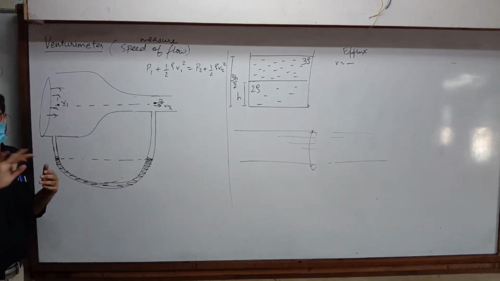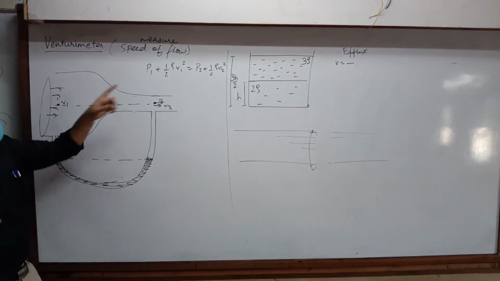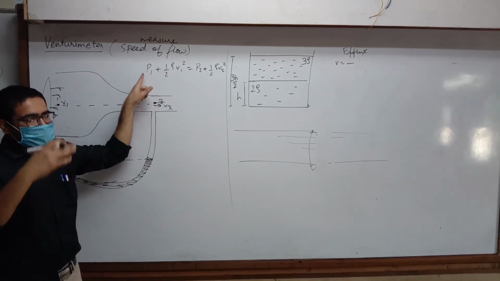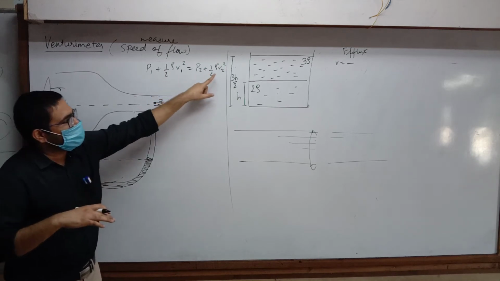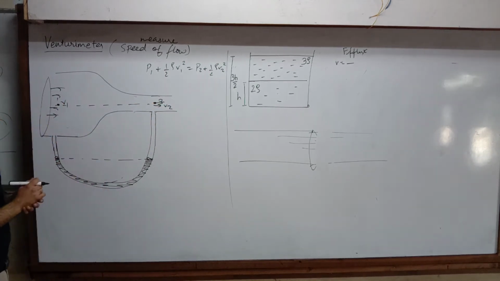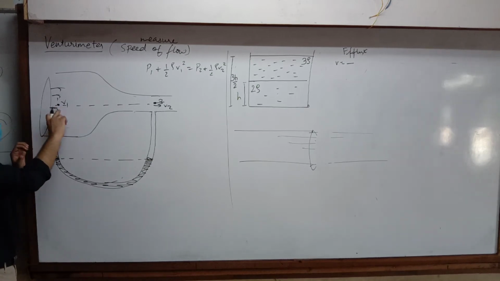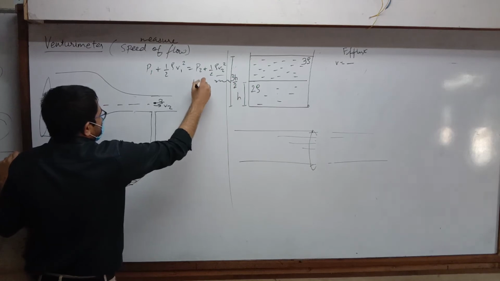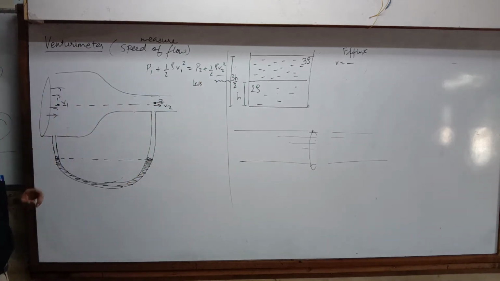Where is rho g h? Cancelled. So both sides are equal. So if V1 is more, P1 has to be less. Similarly, if V2 is more, P2 has to be less. Depending on what's going on, here V1 is less, V2 is more. So because V2 is more, P2 has to be less than P1.